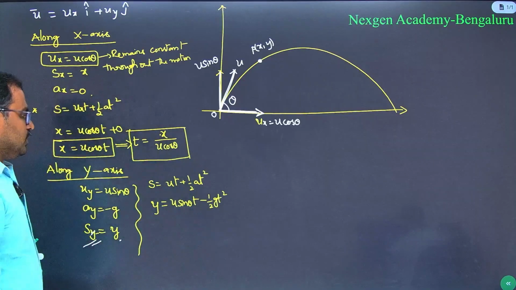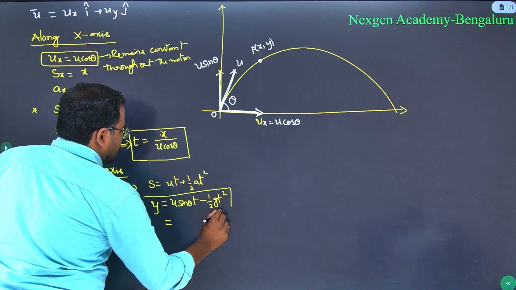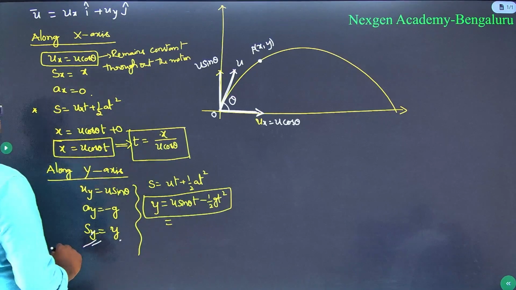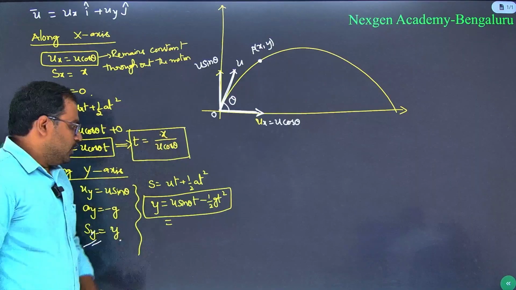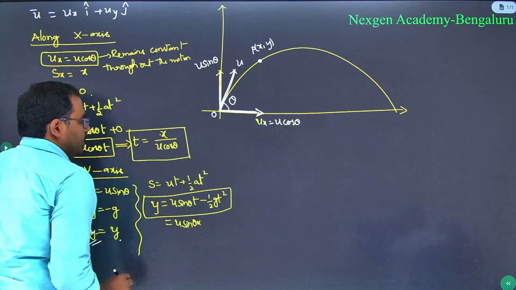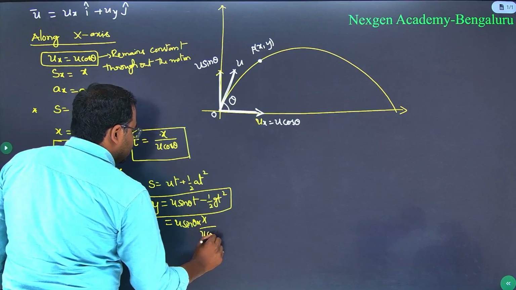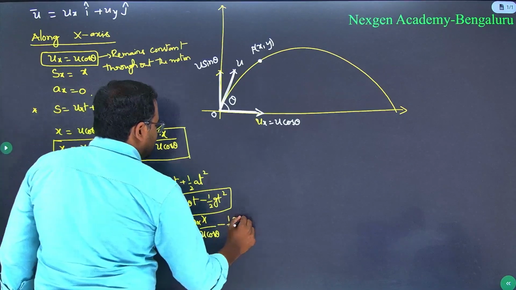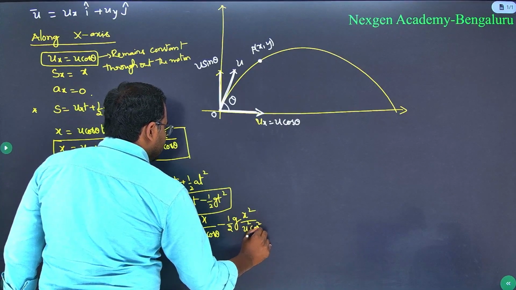right? Now in this context, this is the relation for y in terms of time. In terms of x, we have to derive. So here t is equal to x by u cos theta. In this case, u sin theta into time, instead of time, we have to substitute that expression x by u cos theta, minus half g t square as x square by u square cos square theta.